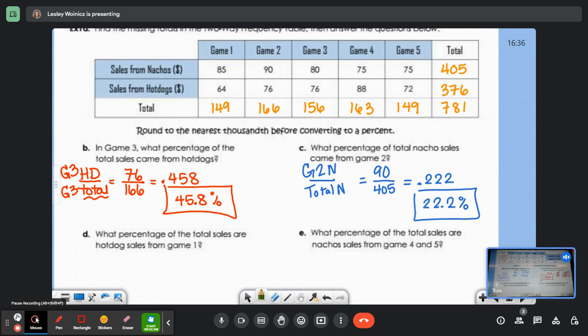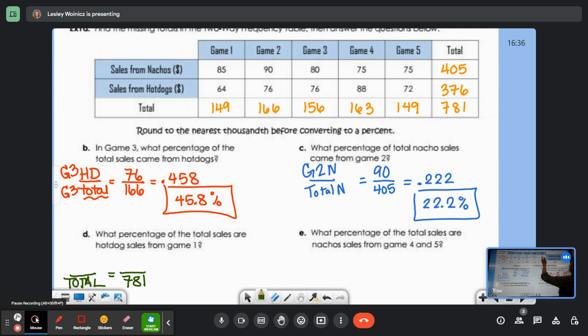All right, because this one's going to be different. This time we're talking about the total, not the game 3 total, not the nacho total, but out of everything. This is the big all caps total, which is 781. What percentage of the total sales are hot dog sales from game 1?